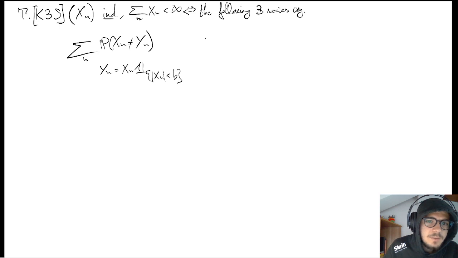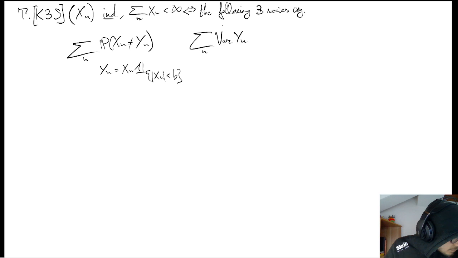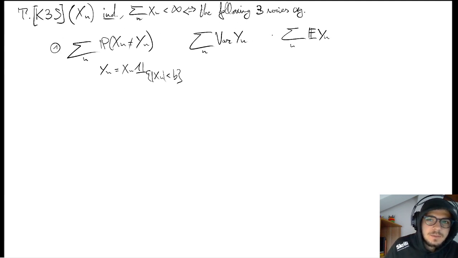I don't know if this is correct. Then you have the sum of the variances of Yn and the sum of the expectations, which actually should be the second one.